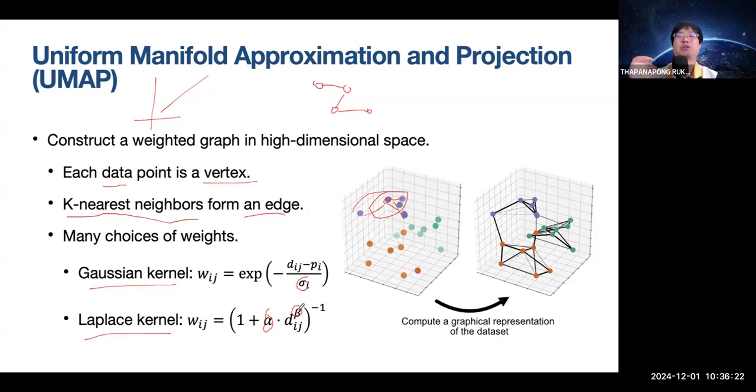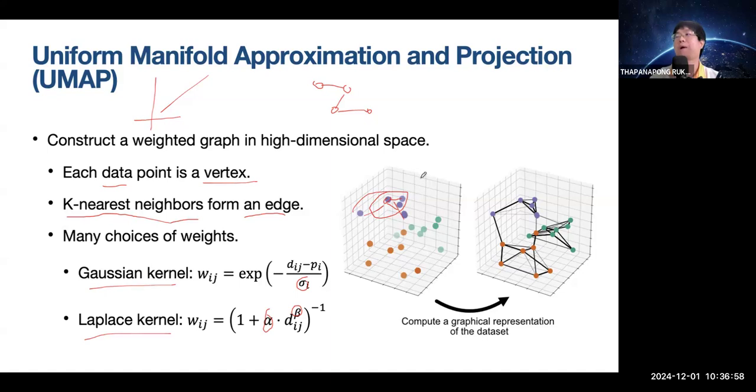So in most cases, when you are performing UMAP, you will use different versions of UMAP. You pick the Gaussian kernel, you pick the Laplacian kernel, you pick other kernels, and then you compare the results and pick the best one. There's no rule of thumb that in this situation you have to use Gaussian, and in that situation you have to use Laplace. So you have to try as many as you can, and then you compare the results.